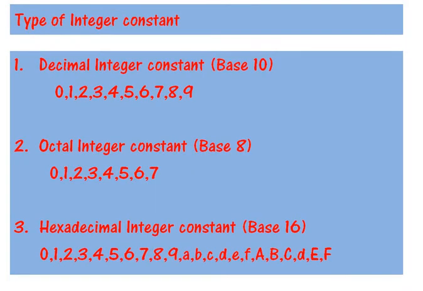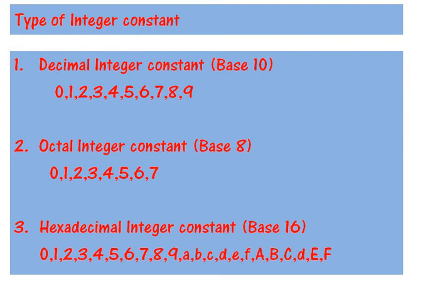Types of integer constant: first, decimal integer constant, base 10; octal integer constant, base 8; hexadecimal integer constant, base 16. In decimal integer constant, base 10 means 0 to 9 numbers are allowed. Octal integer constant, base 8 means 0 through 7.